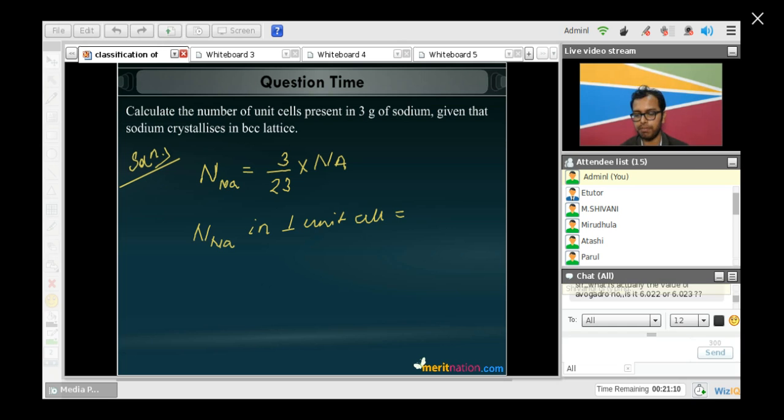The number of sodium atoms present in a BCC structure will be equal to how much? So it is 2, right? 2 atoms will be present inside one unit cell in the case of a BCC structure, right? Now the total number of sodium atoms is known to you, and the number of atoms present in one unit cell is known to you. So the number of unit cells can be calculated. The number of unit cells is equal to how much?